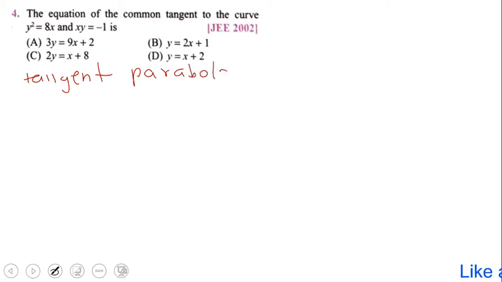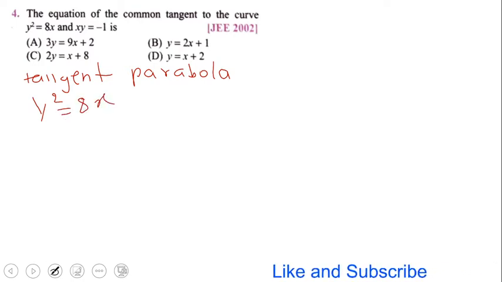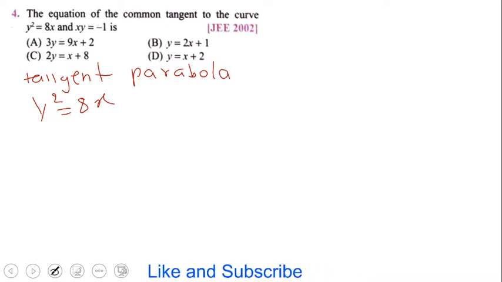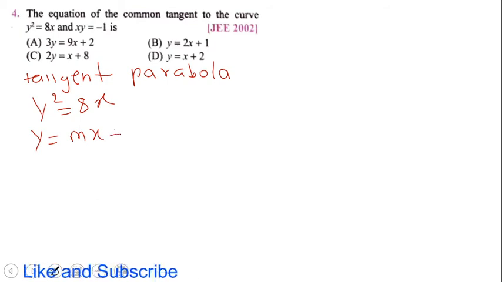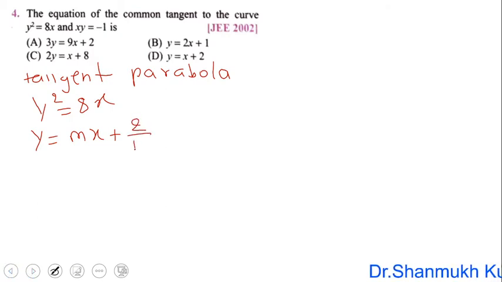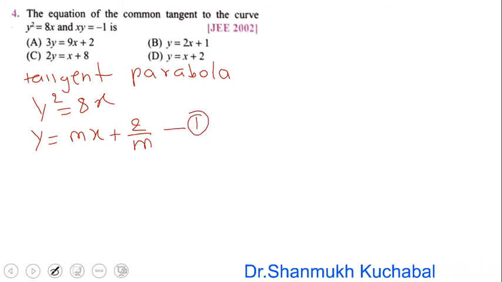Tangent to the parabola is given by y equal to mx plus, comparing with the standard equation y square equal to 4ax, the value of a is 2. So we get 2 divided by m. We call it equation 1.